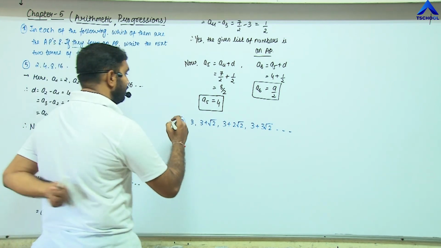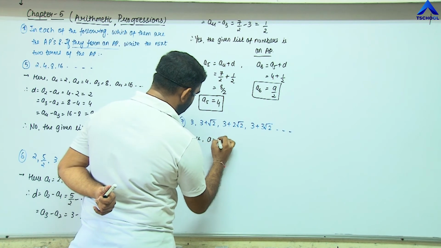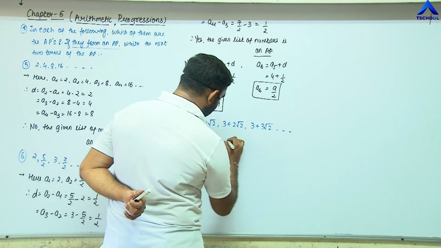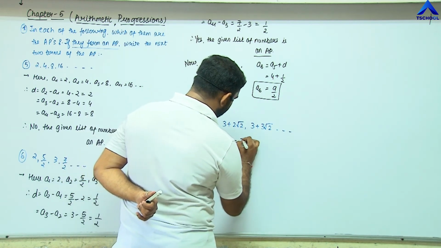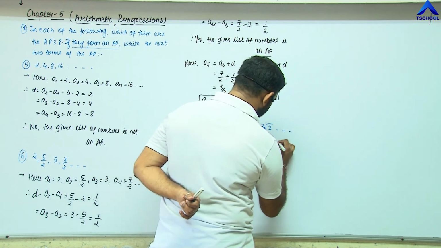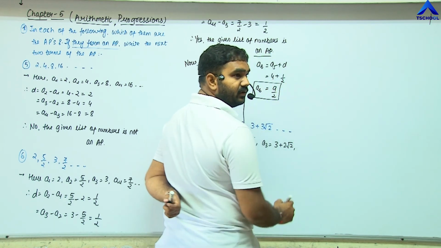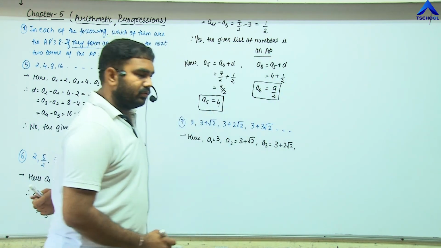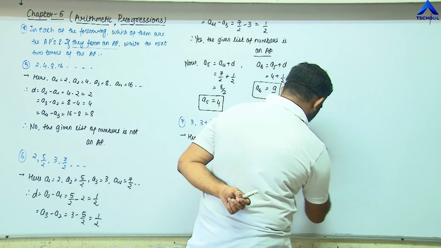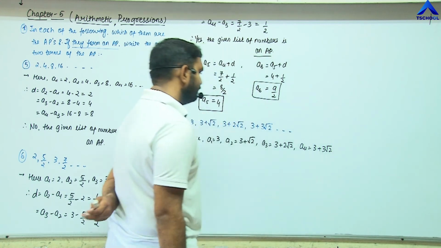So let us find out here. A1 equals 3, A2 equals 3 plus root 2, A3 equals 3 plus 2 root 2, and A4 equals 3 plus 3 root 2, right?